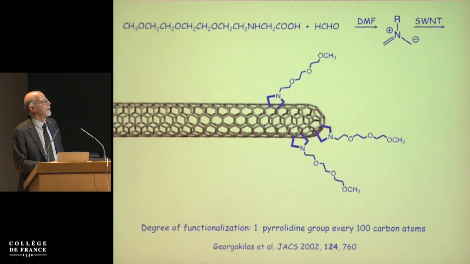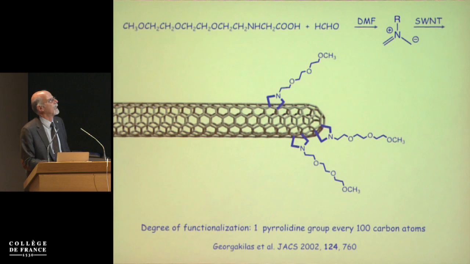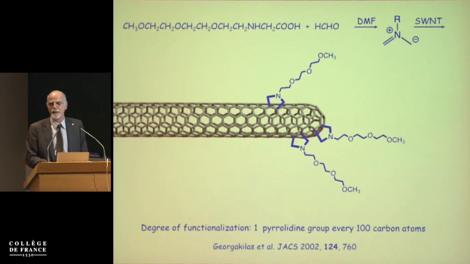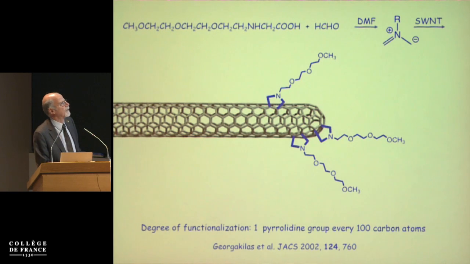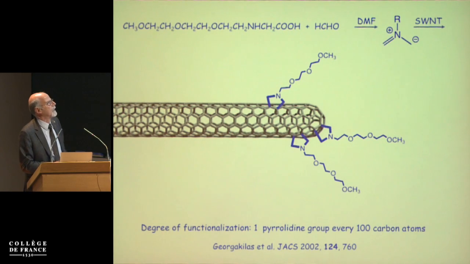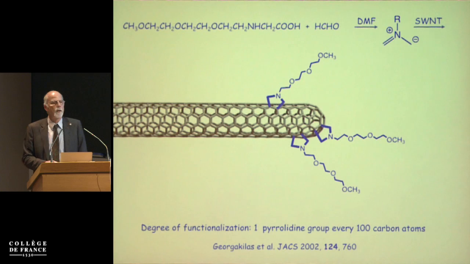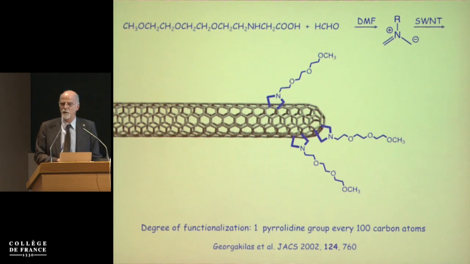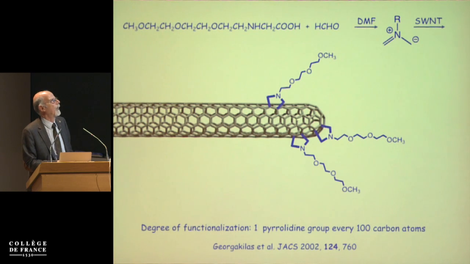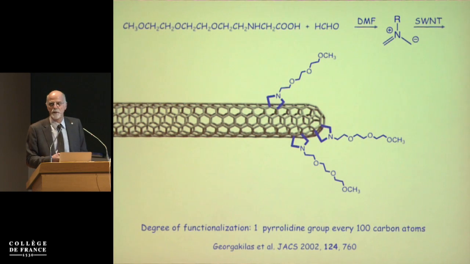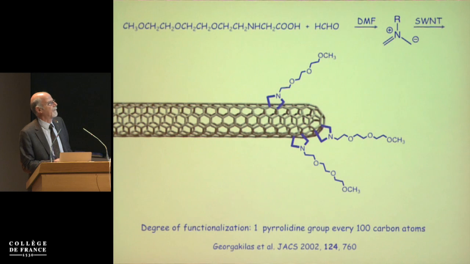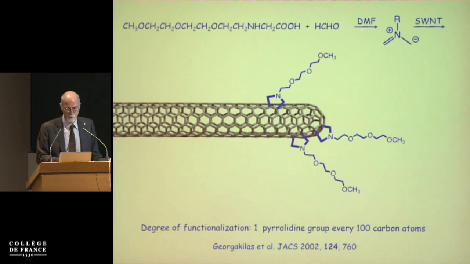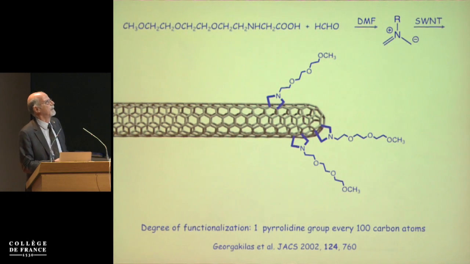As has already been mentioned, I am an organic chemist, and so we started by applying organic reactions to fullerenes and then to carbon nanotubes, for the simple reason that carbon nanotubes, which are usually very intractable, become much easier to handle if we can place organic moieties on their surface, because they become more soluble, they can be dissolved in solvents and can be translated to applications in many fields.